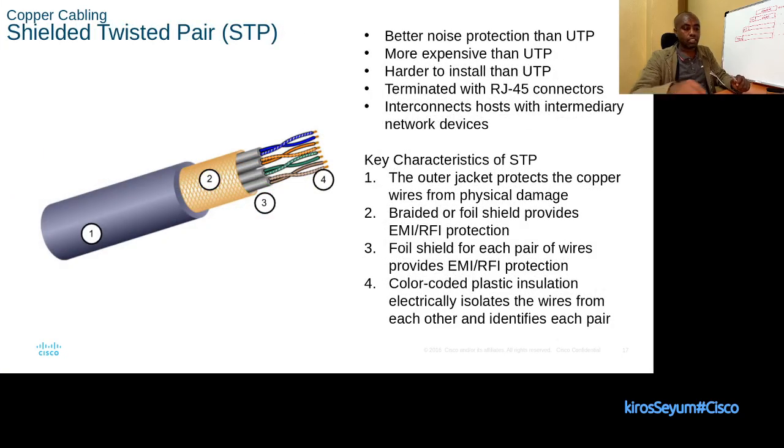For shielded, in the image number 2, it is a metal for shielding, protecting the inside of the wire, so that noise from outside can be shielded from entering these internal cables.